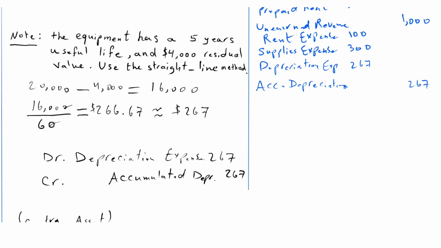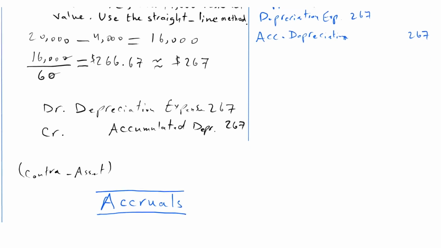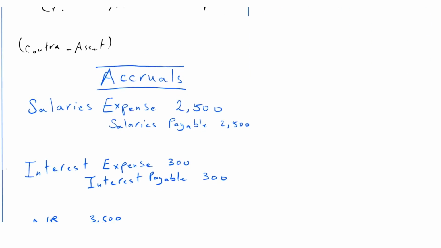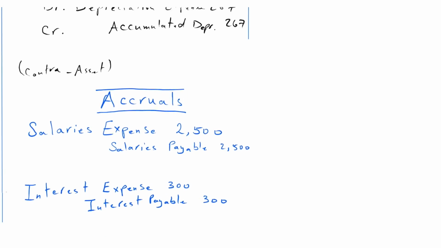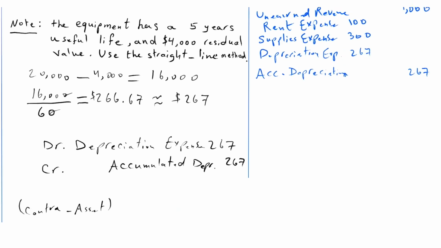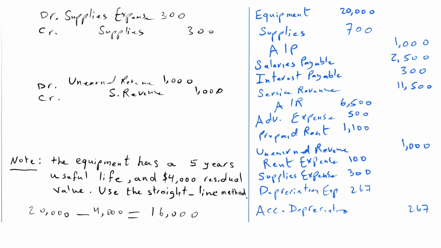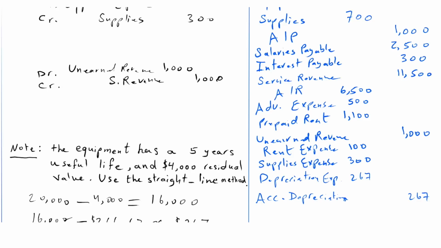And then continue scrolling down. Salaries expense, salaries payable. Okay, so salaries expense was not recorded yet. That was $2,500.